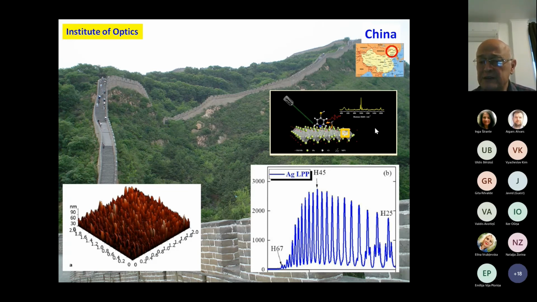Attempts to use this material as a medium for high-order harmonic generation, as well as for other features like analysis of nanostructures of those materials, were also made through third harmonic generation, like shown here in the case of silver plasma, to analyze those materials and demonstrate advanced properties, such as being good luminescent materials.